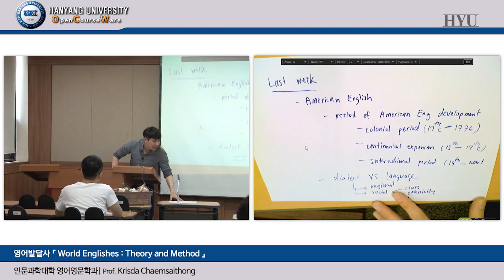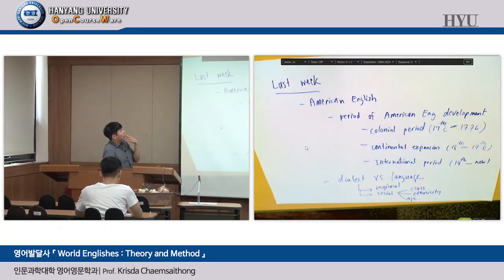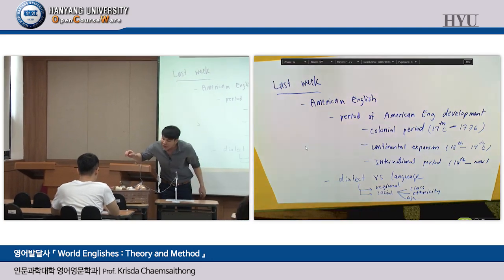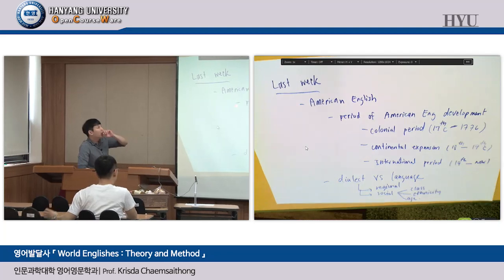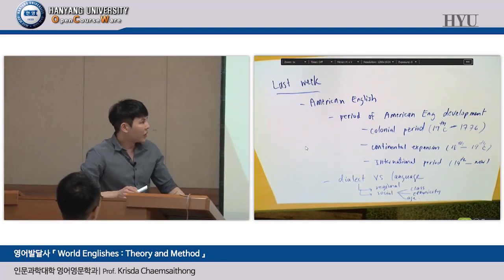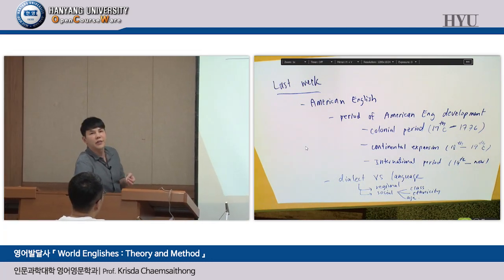So let's go over what we went over last week. Last week we went over American English, you guys remember? And we went over different periods of American English development.